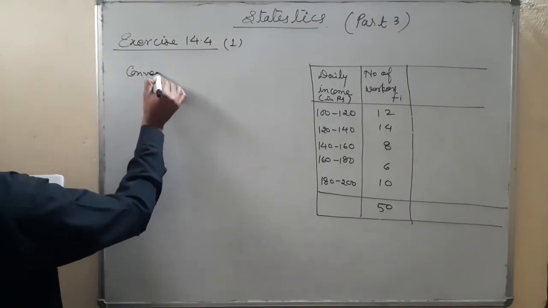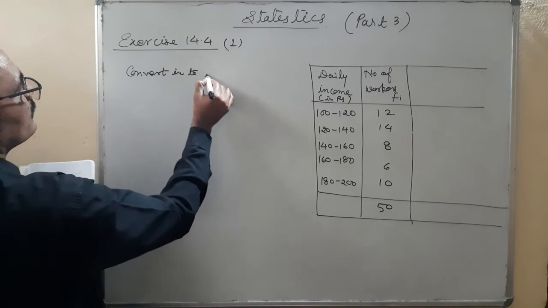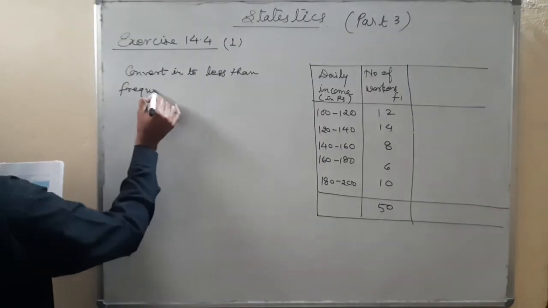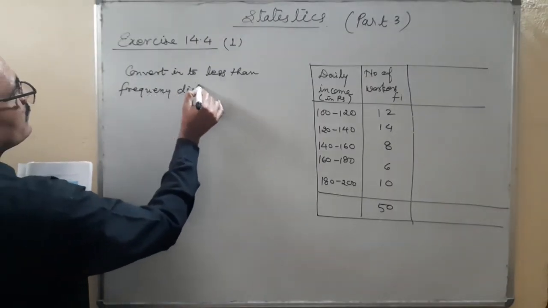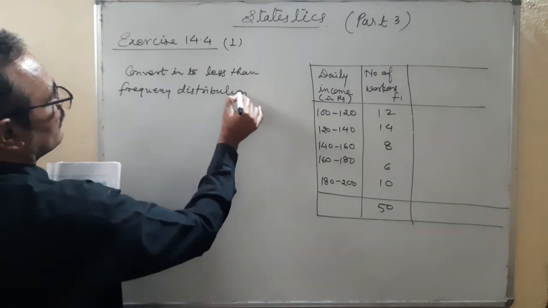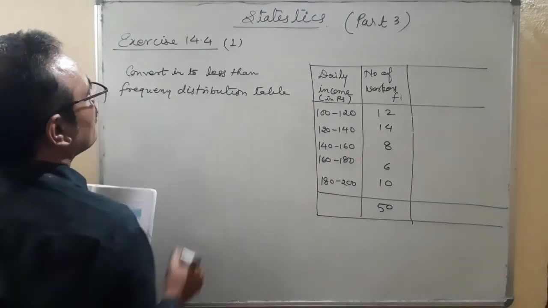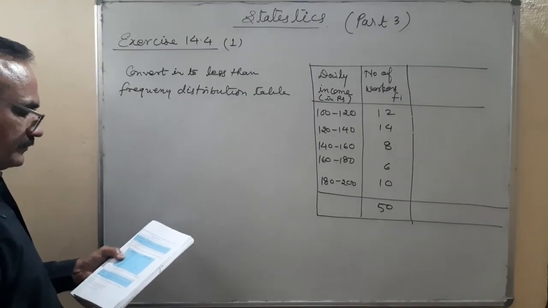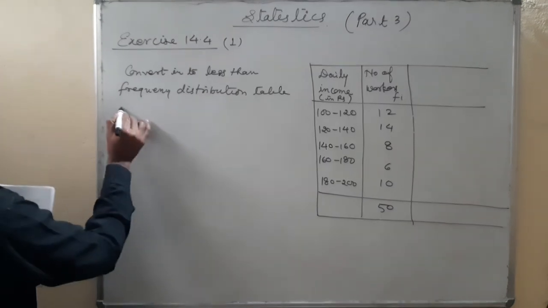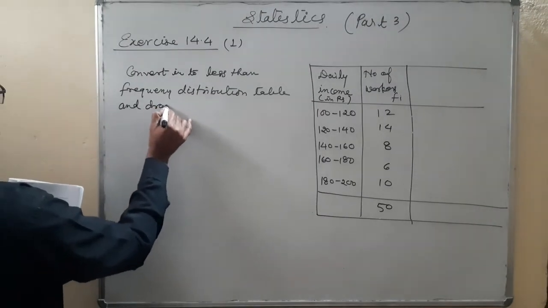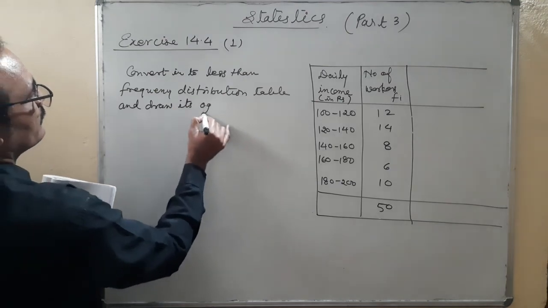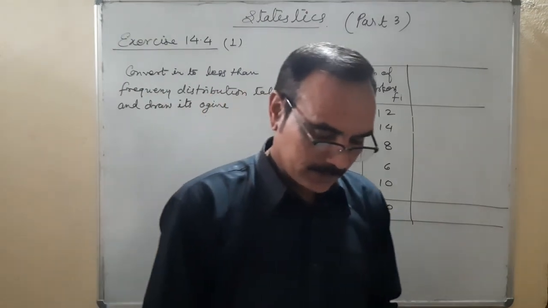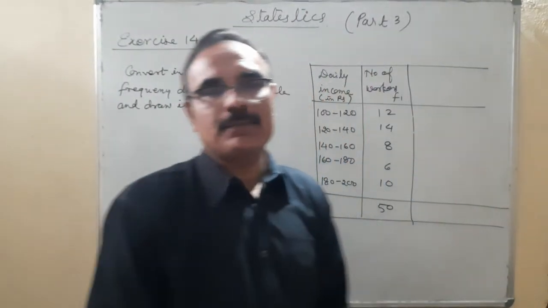Convert into less than frequency distribution table, and draw its ogive. That means you are going to draw the less than type ogive.